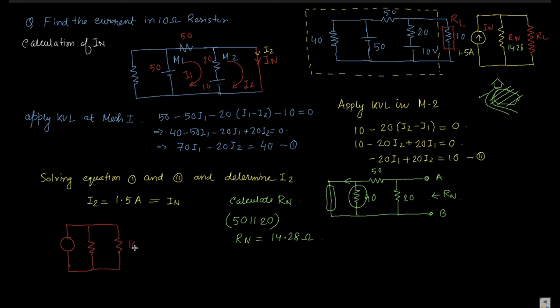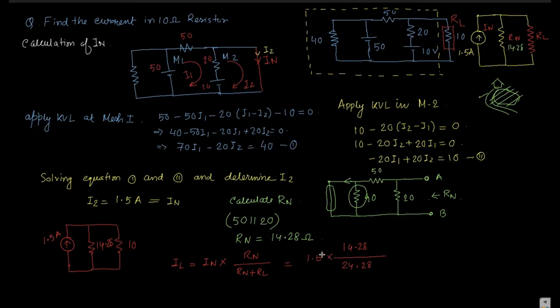So RL is 10, Rn is 14.28, and IN is 1.5 ampere. So what is the IL? IL is nothing but IN into Rn by Rn plus RL. So 1.5 into 14.28 divided by 24.28.